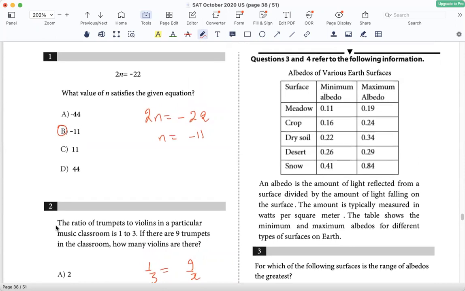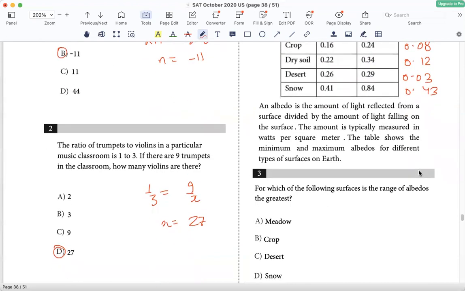Okay, so 0.11 to 0.09, so that's 0.08. This is also 0.08. This is 0.12, 0.03. And this is huge. This is 0.43. So the greatest is for snow.